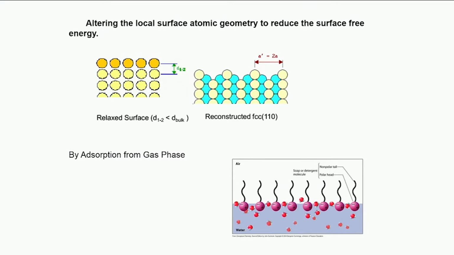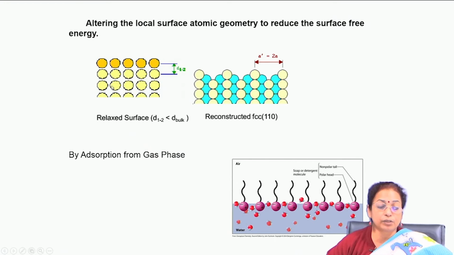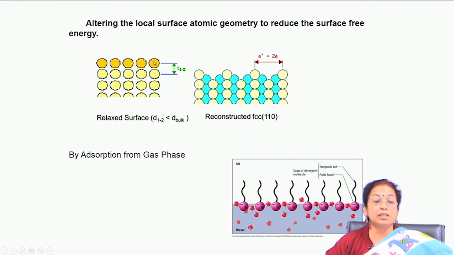You will find that your atomic arrangement on the surface or surface planes is different from that of the bulk of the material. So, the atomic arrangement is very much dependent on the forces acting on it by the other atoms surrounding that particular atom. So, when you talk about the surface atom, naturally you are breaking some bonds, naturally some bonds are missing on the surface.